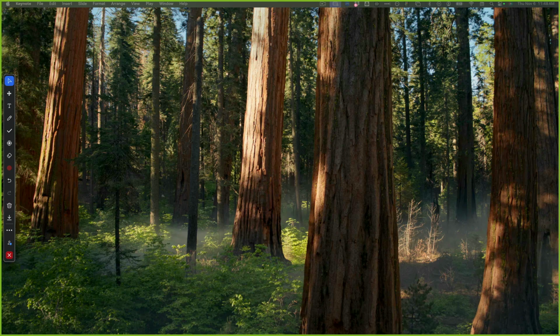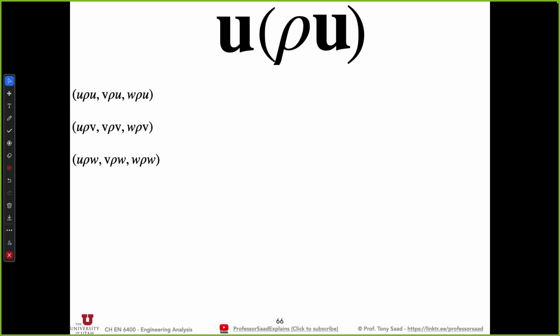Okay, and this is going to propagate everywhere. One second, so I don't confuse you. Okay, perfect. So that's x momentum component, y momentum component, z momentum component. But then being advected in the i direction, j direction, k direction.